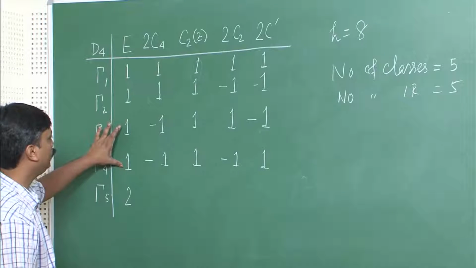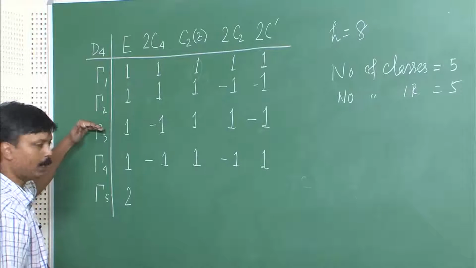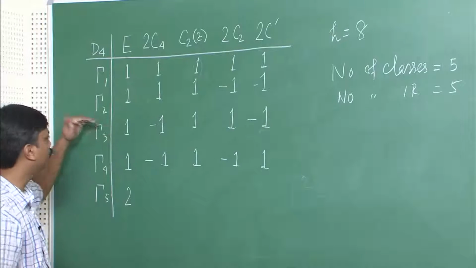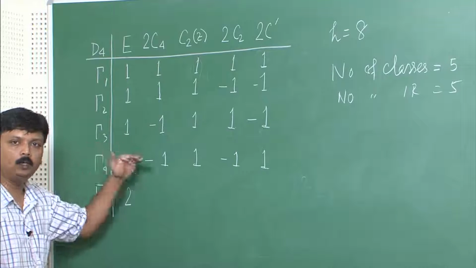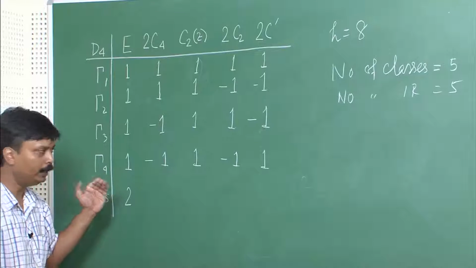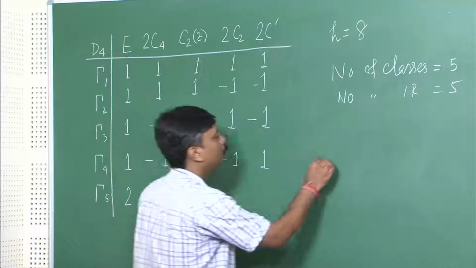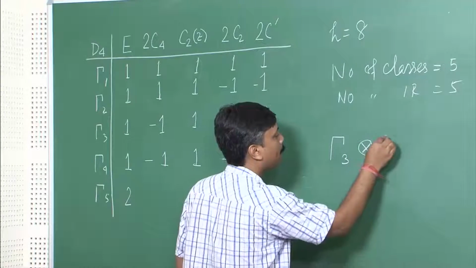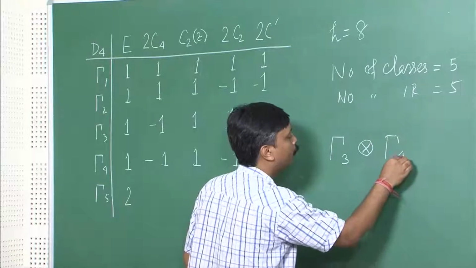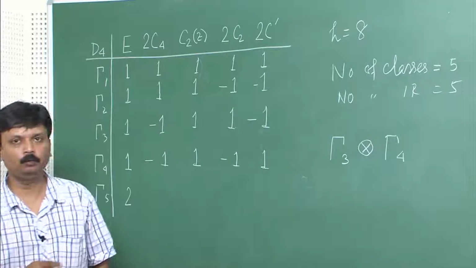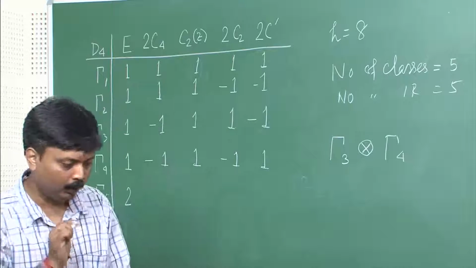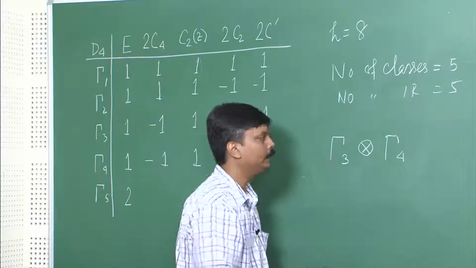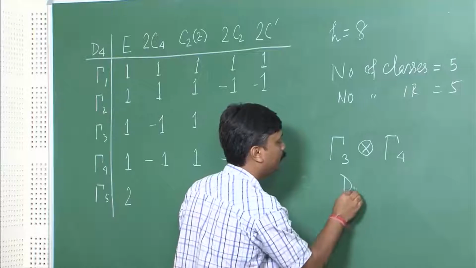If I make a product between the characters of gamma 3 and gamma 4 on a one-to-one basis, this type of product, which I already used in my last class, is known as the direct product. Okay.